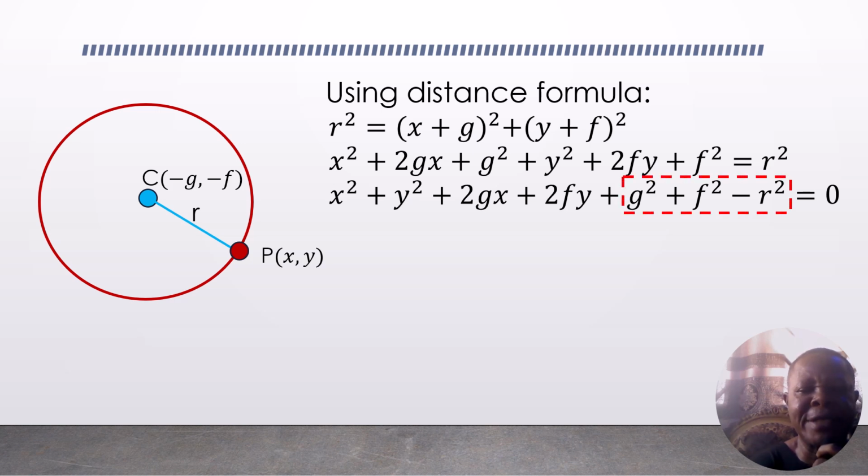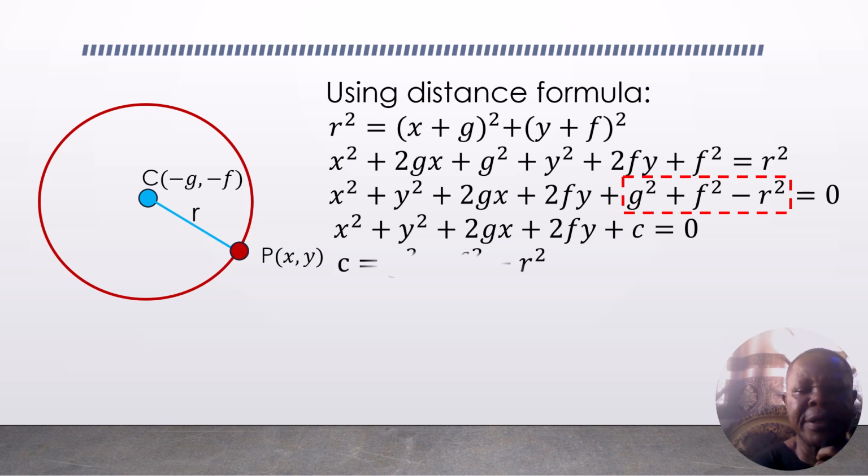If we replace these three terms with c, the equation will become x squared plus y squared plus 2gx plus 2fy plus c equal to 0. That is, c is equal to g squared plus f squared minus r squared, or r is equal to the square root of g squared plus f squared minus c.